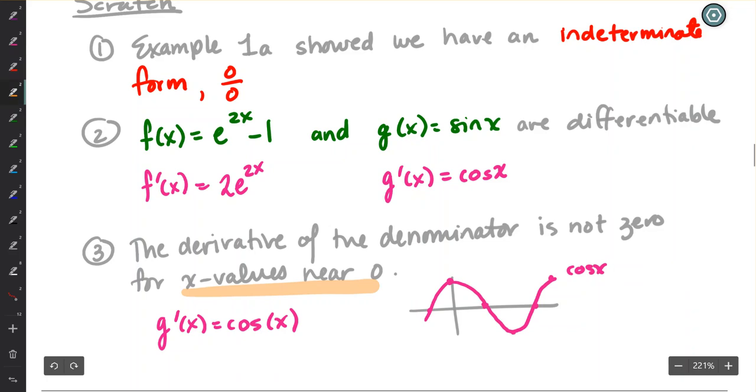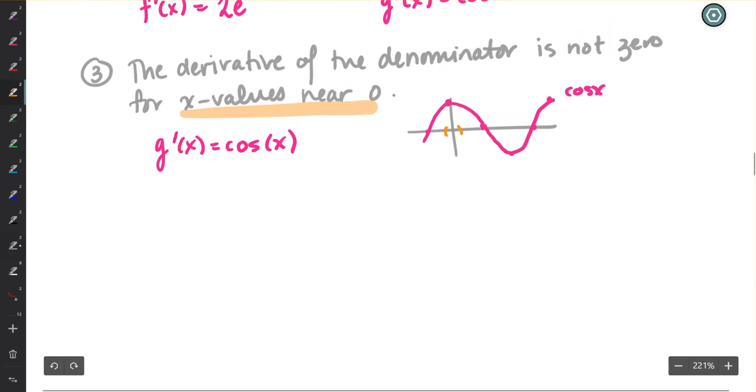All right, x values near 0 do not map to y values near 0, so we're good. So by 1, 2, and 3, we can use L'Hopital's rule. I'm just going to do L-H for L'Hopital's rule.